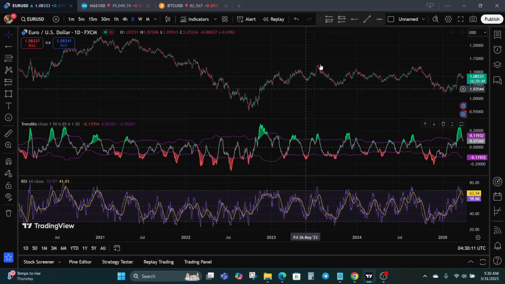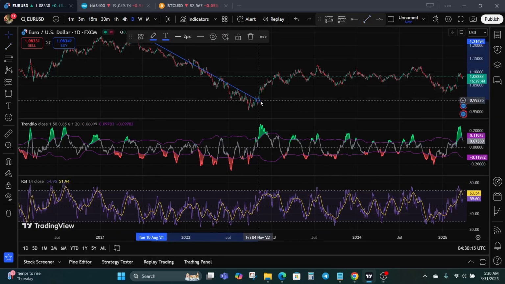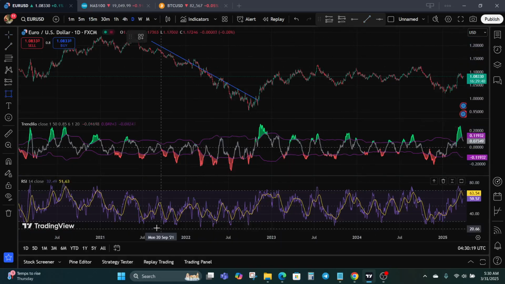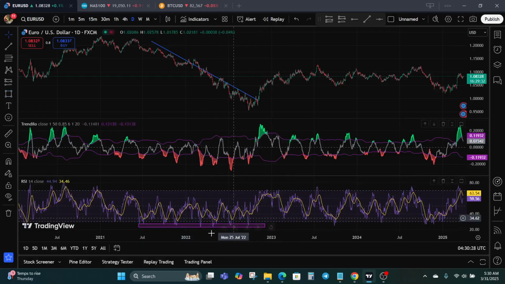For example, you can see that in this particular sell trend, a lot of times despite entering the oversold territory, there did not suddenly happen to be a reversal, right?